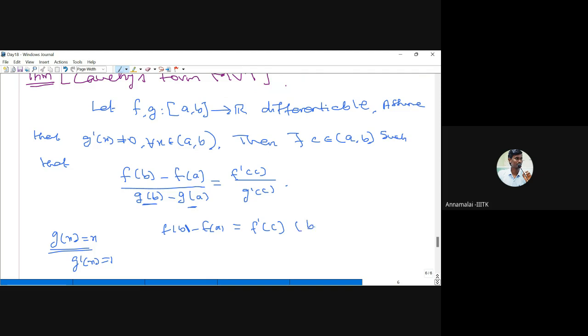Therefore you can cross multiply and get f of b minus f of a equals f dash of c times b minus a. So if you take g of x as the identity function in the Cauchy mean value theorem, you get the mean value theorem. That is a special case. So the mean value theorem is a special case of the Cauchy mean value theorem. That is a very important thing.